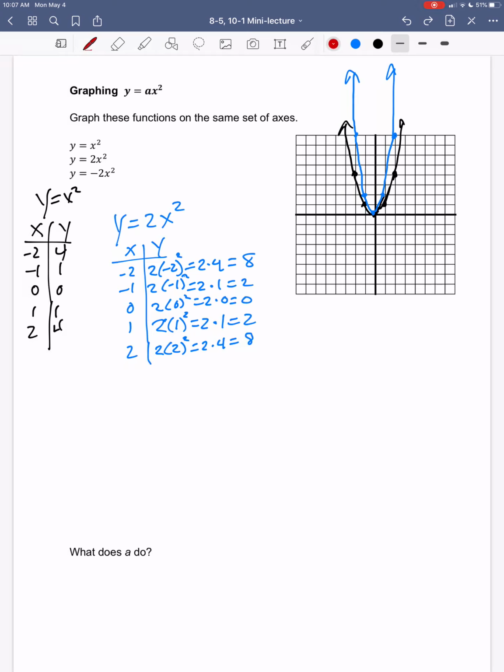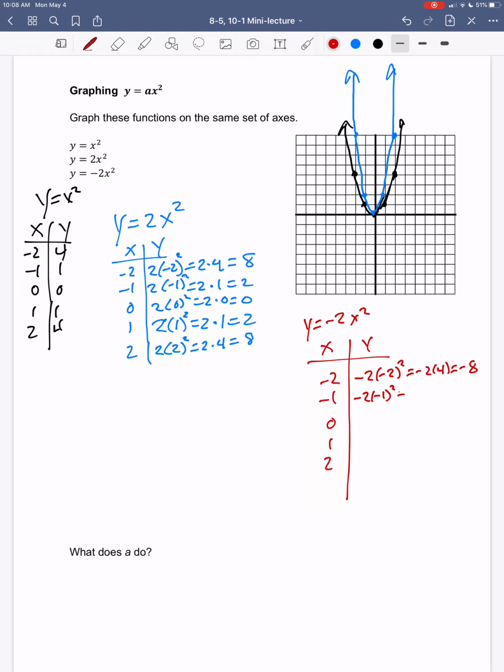And if I do y equals negative 2x squared, be careful with the signs here. We do the squaring first, so negative 2 squared is negative 2 times negative 2, that would be positive 4, times another negative 2 on the outside would give me negative 8. Let me write that out. So it was negative 2 times 4, so that's negative 8.